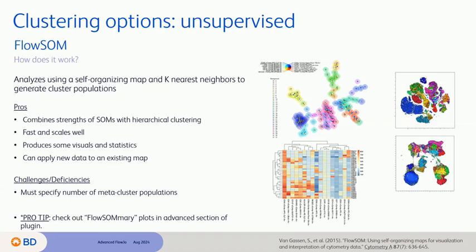That's one method. Or, if you've done some manual gating and you've already identified populations from your manual gates, that could inform you how many meta clusters to ask from FlowSOM. Then you compare clustering from FlowSOM against your manual gating approach.